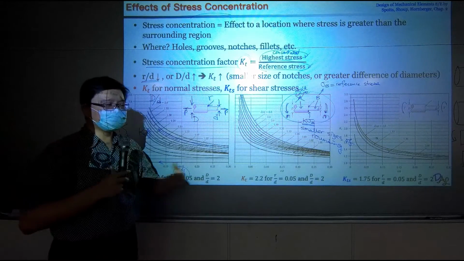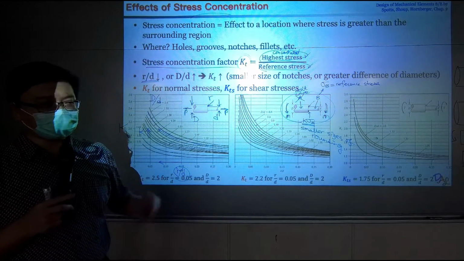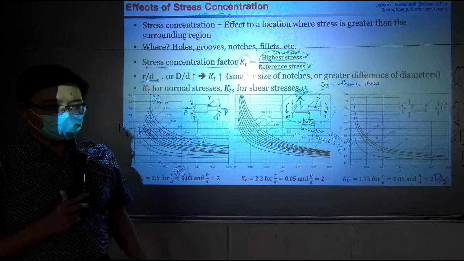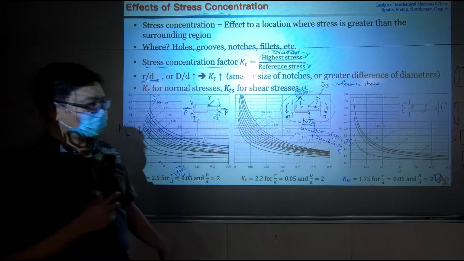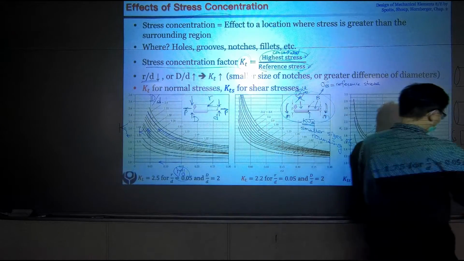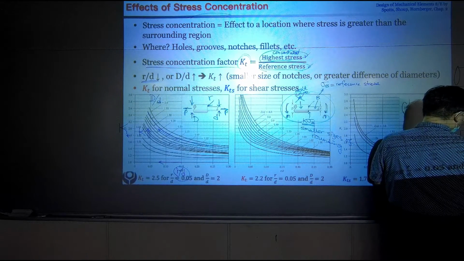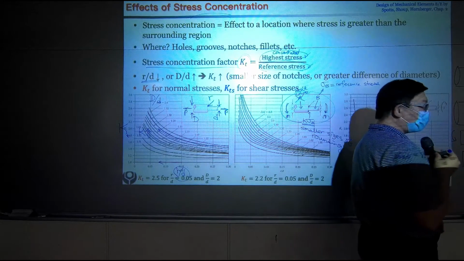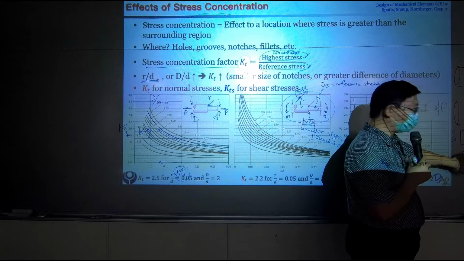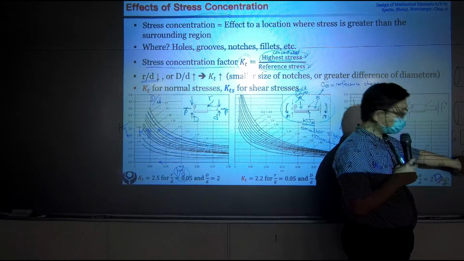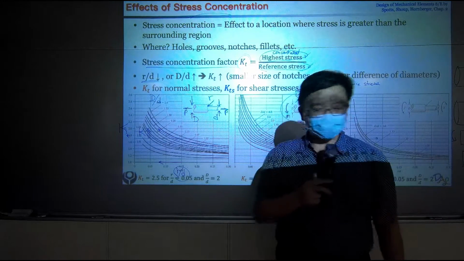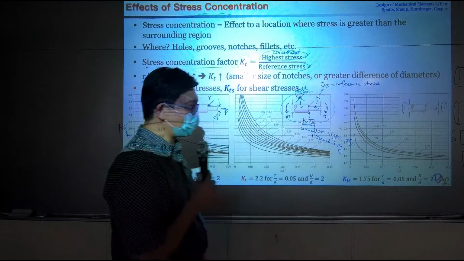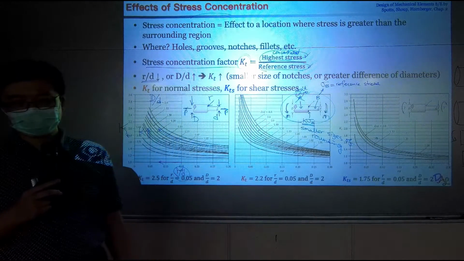So one day if you are making a workpiece by the tool machine, always have some rounding at the corner. Otherwise, your workpiece will be so weak because that corner carries so many more times of your reference stress.